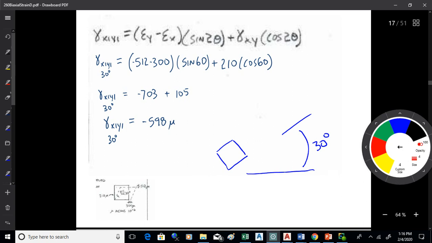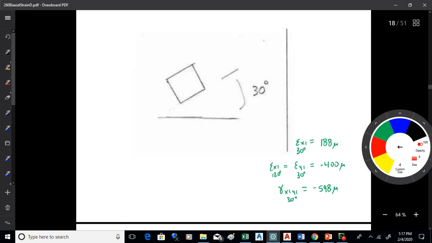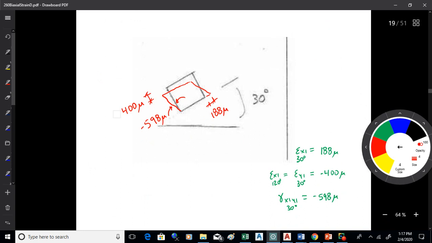Now, there are two ways to draw this. The first way is more of a schematic sort of way. The general convention is to hold the lower left-hand corner constant and then draw from there. So what we would end up with would be something like that. That's a sketch showing these dimensions. The purpose of this is just to show the strains in their different orientations.